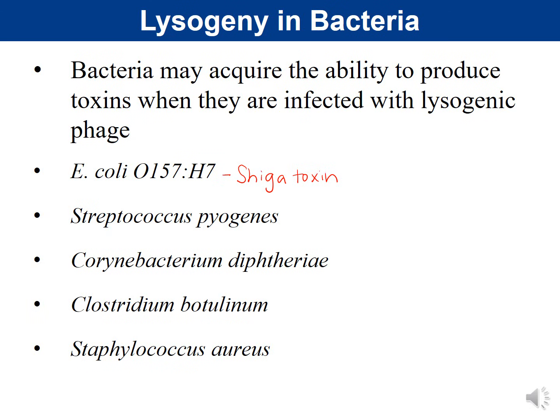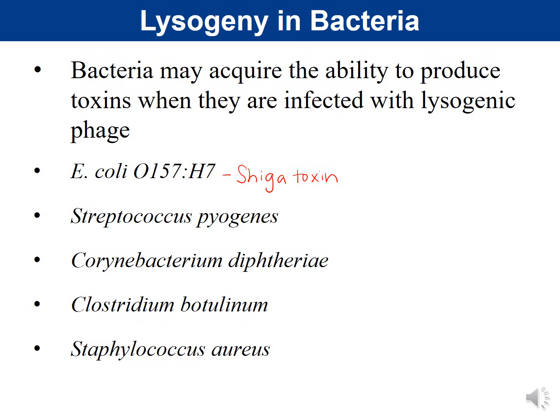It got this gene from Shigella, and when it has that lysogenic phage in it, it allows it to produce that Shiga toxin, and that's what leads to that very severe diarrhea, etc.